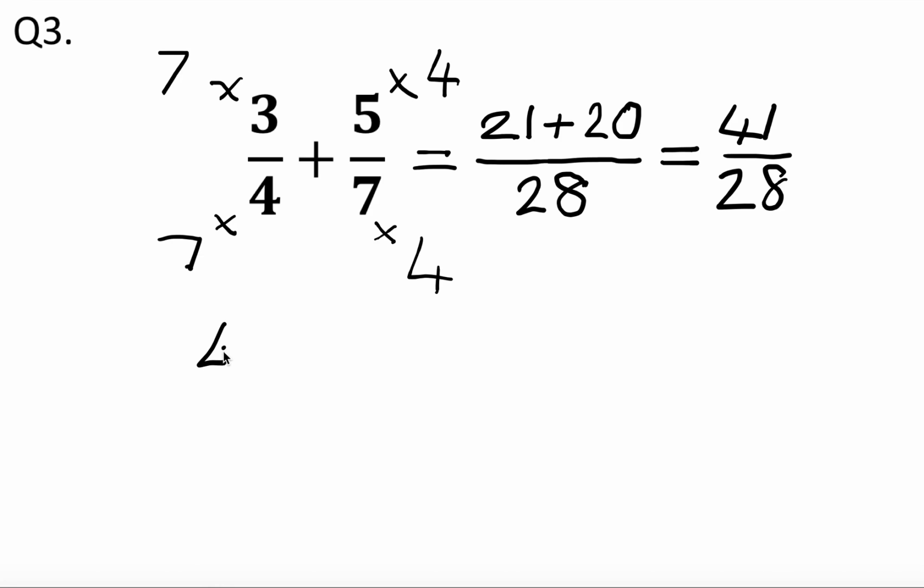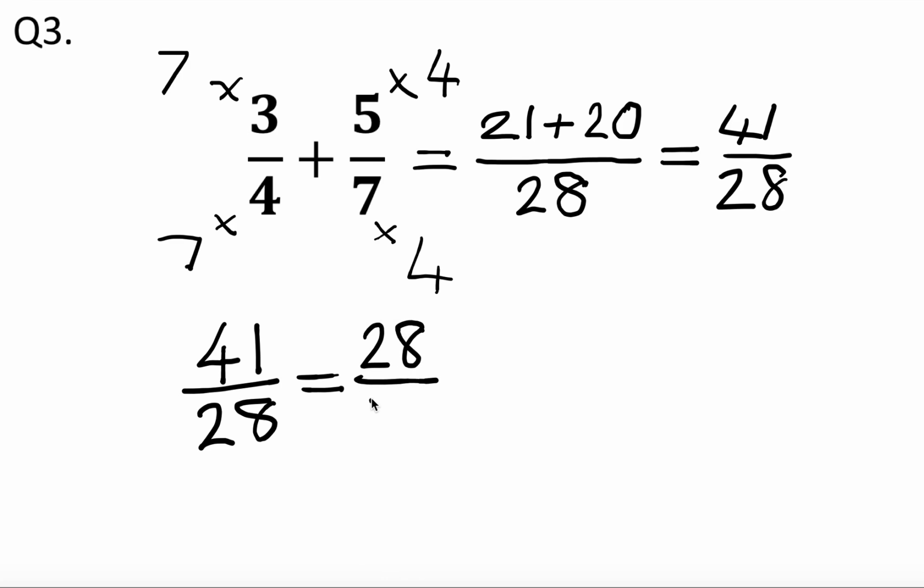So if we got 41 over 28, what does that equal? Well, we can take 28 over 28, and what have we got left? Plus, what have we got left over 28?